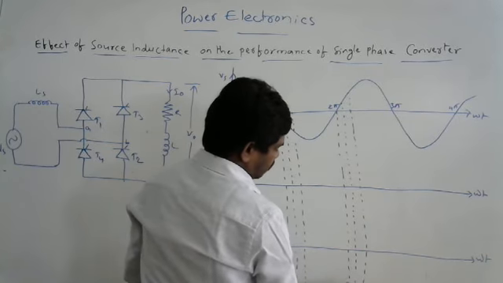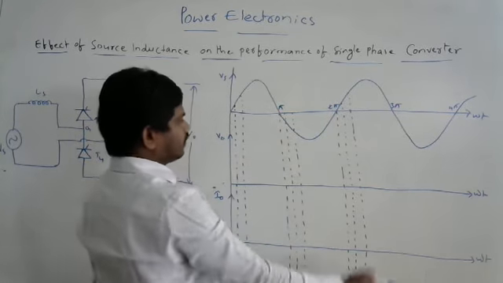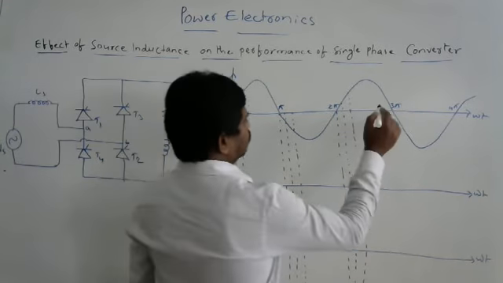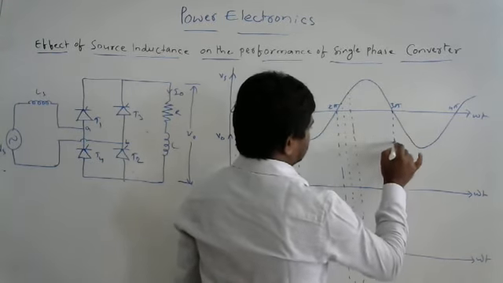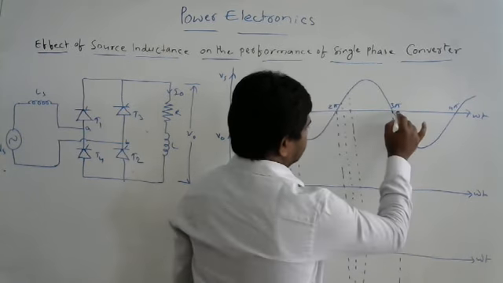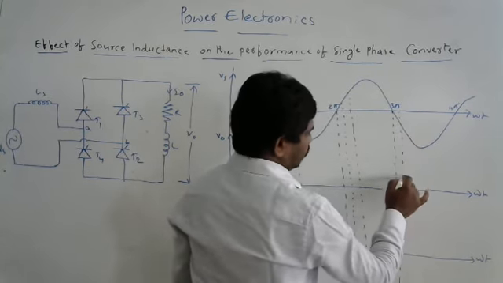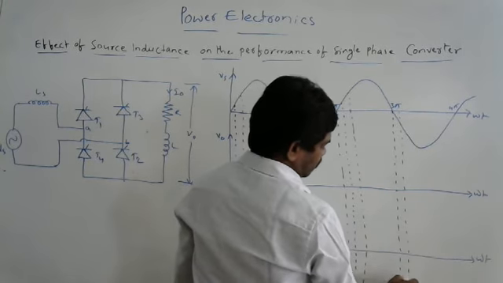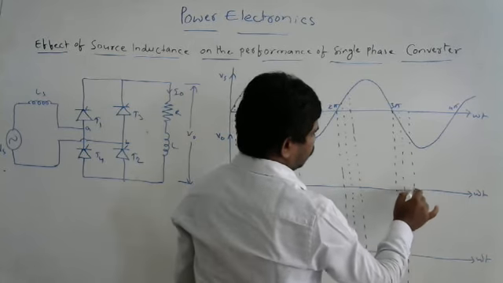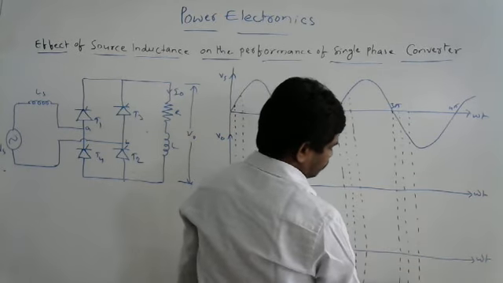How many cycles are there? We have 2 cycles. Every cycle has 2 half cycles, one positive half cycle and another negative half cycle. For every half cycle, we have to take all these things: pi, alpha, and mu, what we call the overlap angle.